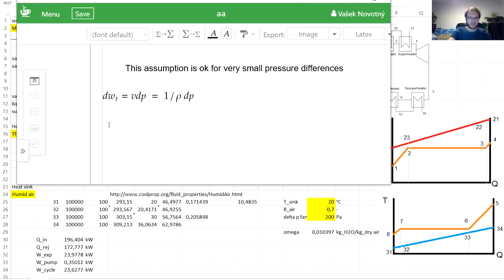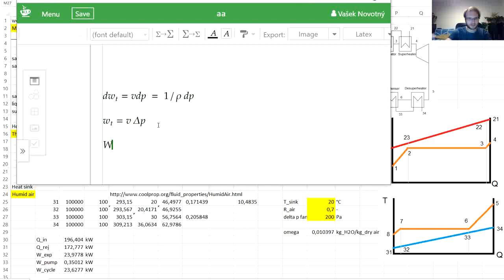Now when we integrate this term, since V or rho would be constant, the technical work or unit work of the fan, in our case, will be the unit volume times delta P. And this delta P is the pressure drop, which we had specified as 200 pascals.